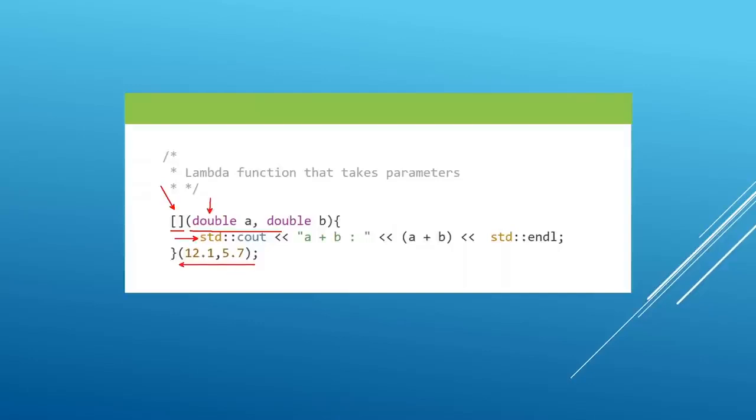The lambda function is going to take two parameters of double type. We're going to print out the sum of these two numbers, and we are going to call this lambda function directly. Notice that we are passing in our arguments as double literals. Okay, this is how you can set up a lambda function that takes parameters and call it directly.